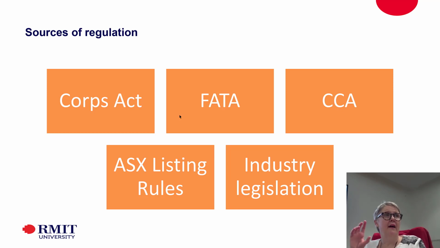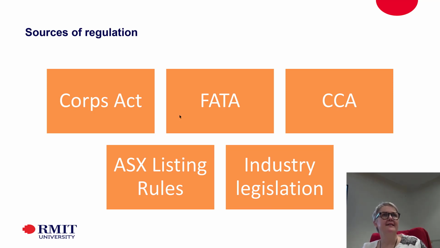But effectively what the government has agreed with the ASX is that as ASX is the platform on which these shares are traded, that is the natural place for continuous disclosures to be made by companies that are listed to the market.